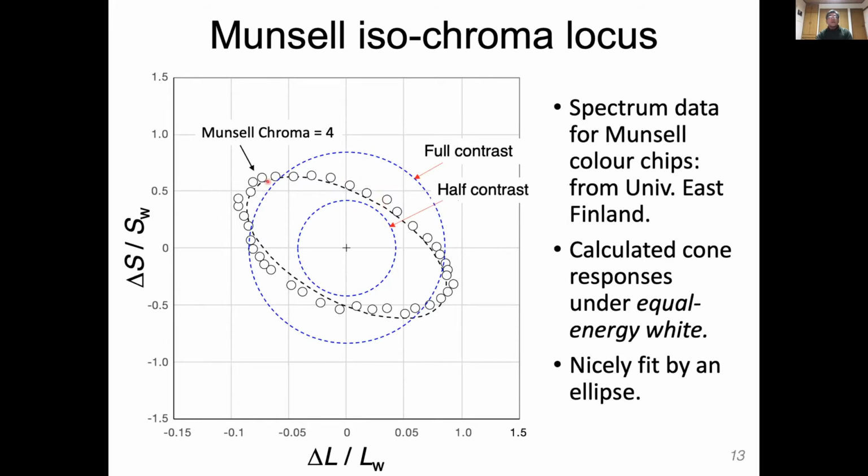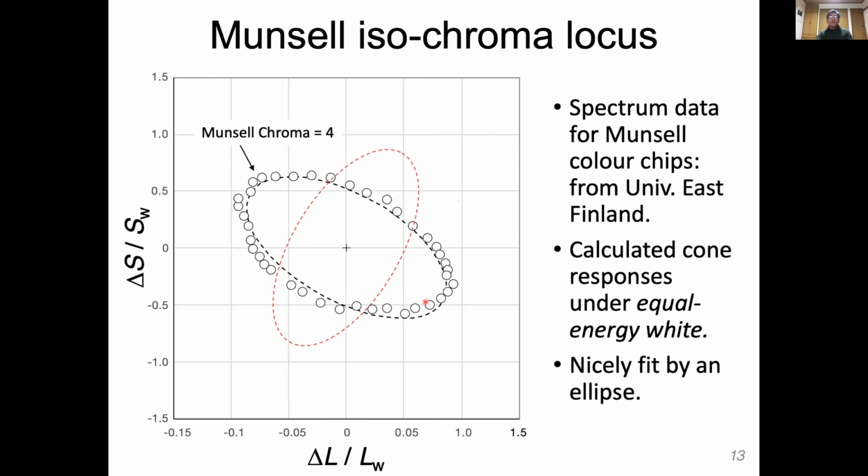Since this locus is showing the isochroma contour, it means that a stimulation in color contrast in this direction, magenta green direction, was too strong compared with this direction, cyan orange direction. So you'll be able to predict that a response based on this isochroma mechanism would be elongated in this magenta green direction like this.